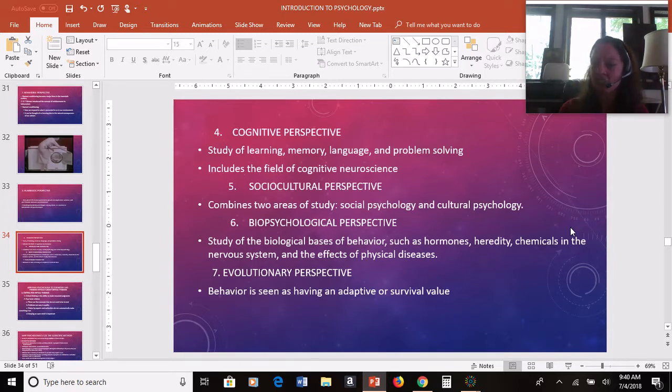And so that's just what we see with these different branches here, is that everybody's just kind of focusing in on that one specific thing, because it's a lot easier to tackle a subject when you can get into that specificity of it, rather than doing that general overview.